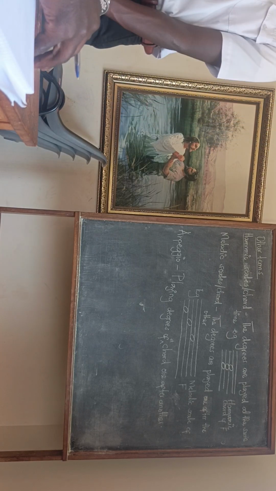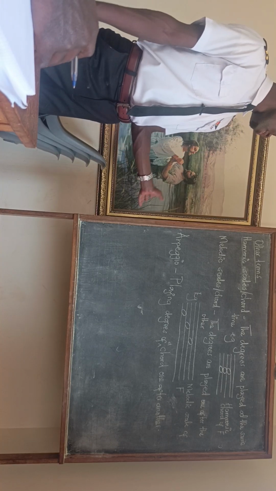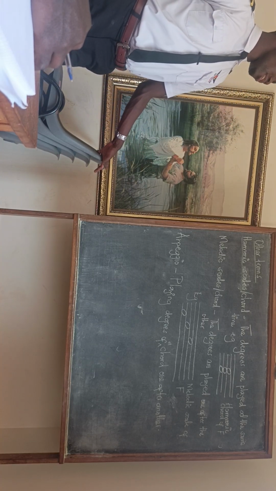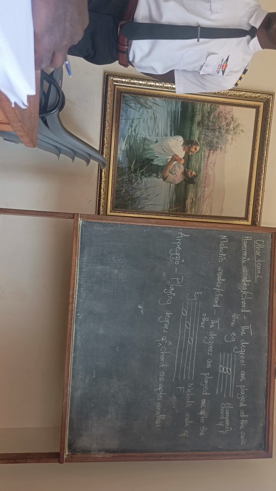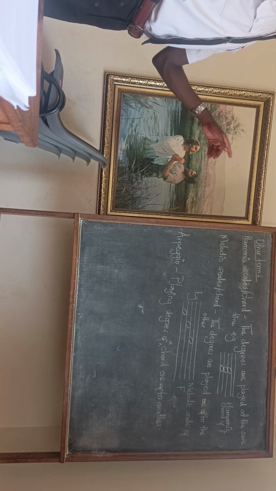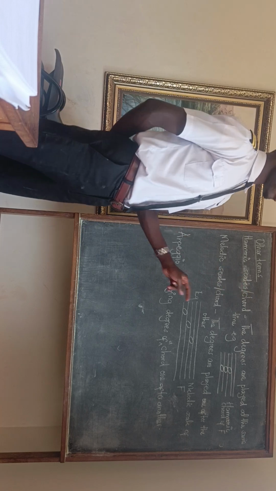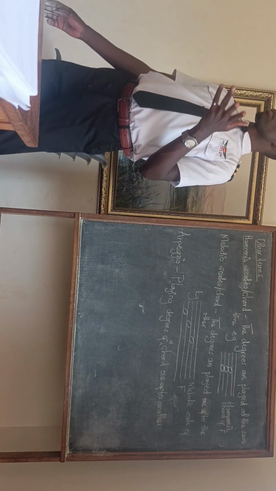Yes, we call that arpeggio. We call it playing the degrees of a chord one after another. So if you have F, instead of playing F, A, C all together, you play them one by one.